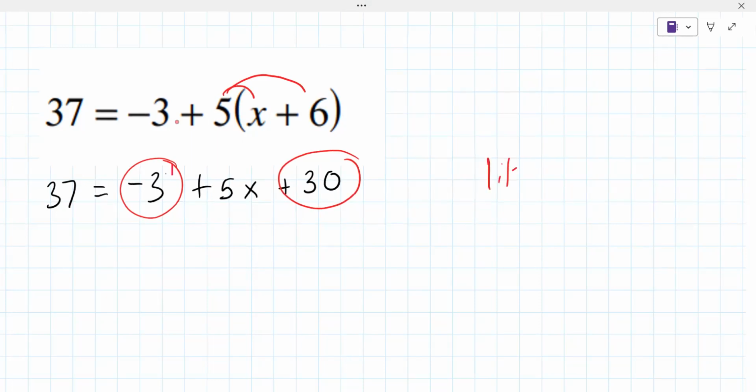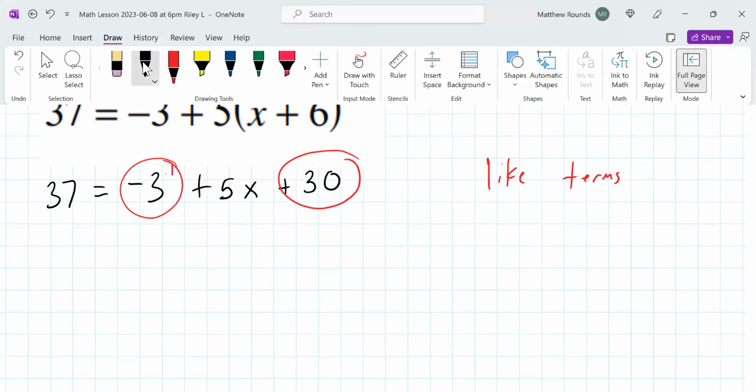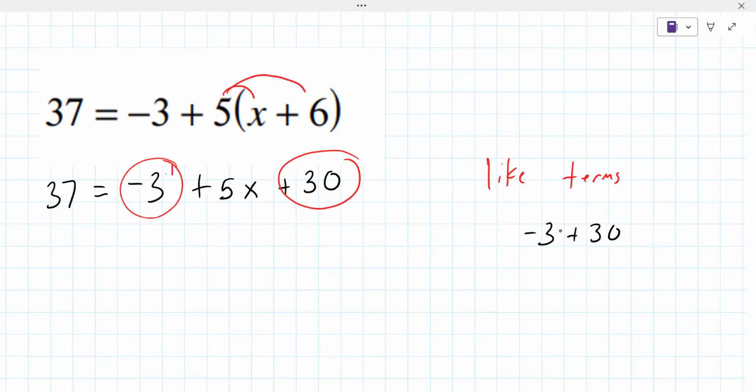Those are like terms, so you can add them together. I feel like maybe I'm speaking a foreign language right now. What do you think here? Is this clear or not? Yeah, I'm just putting it in the calculator.